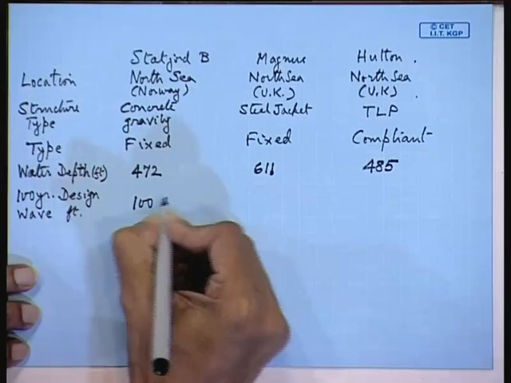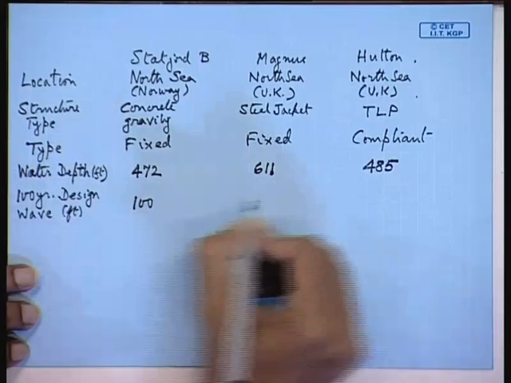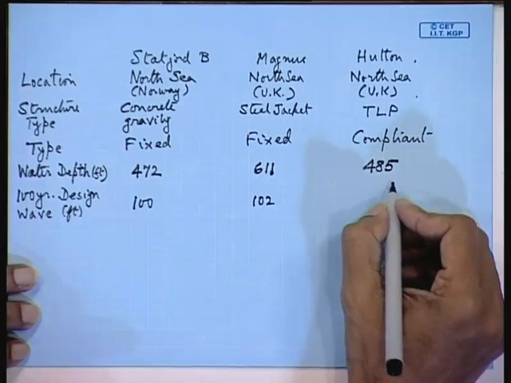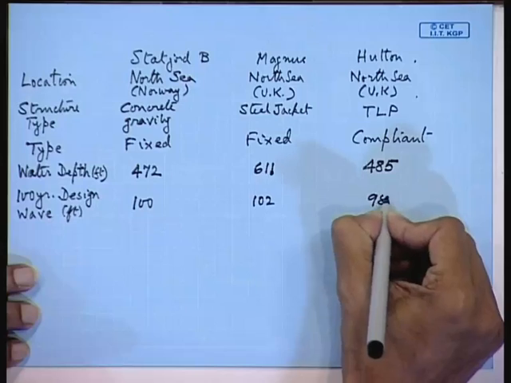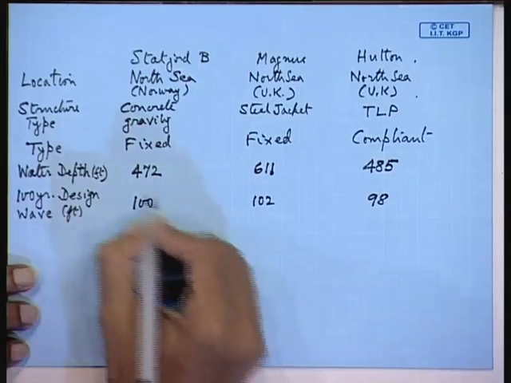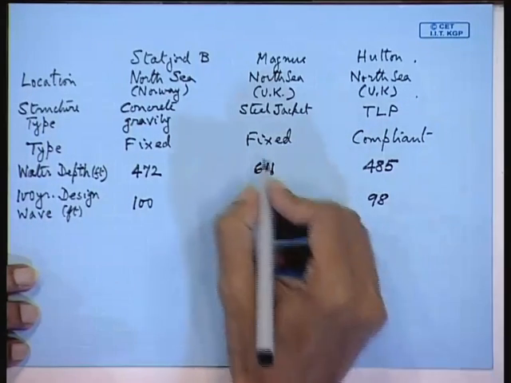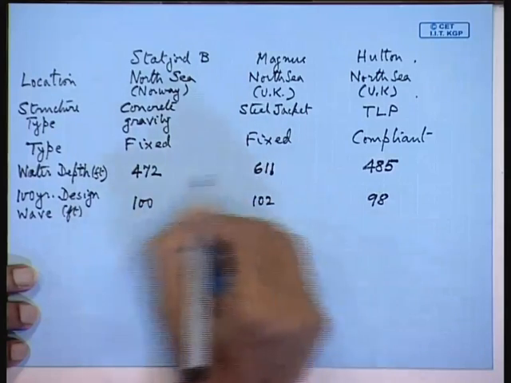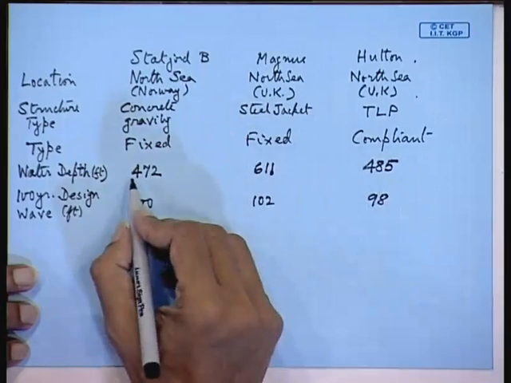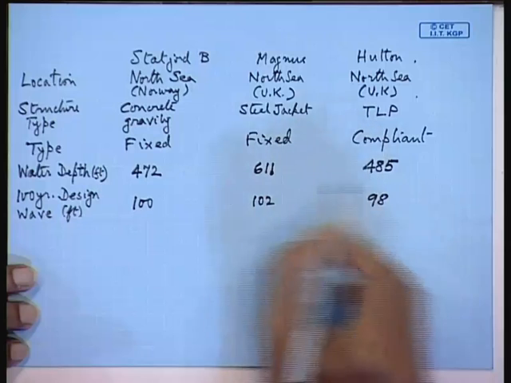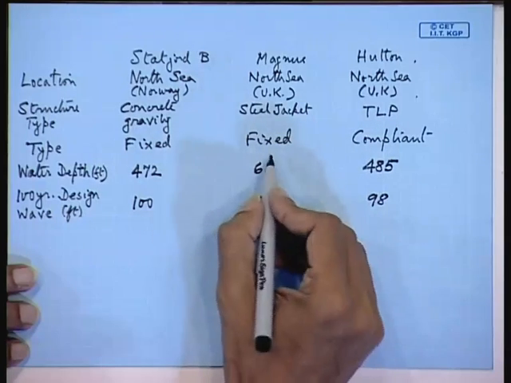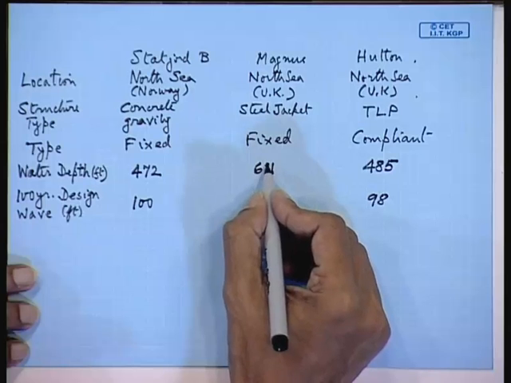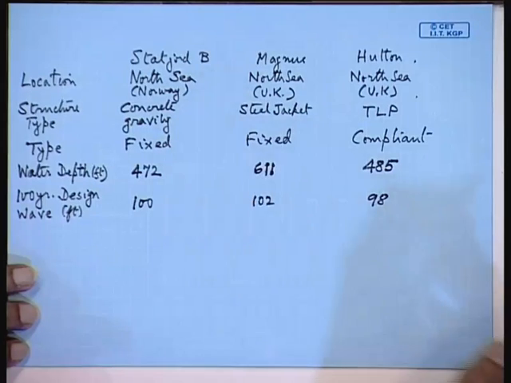Here this is 100 feet, this is 102, this is 98. So environmental load is more or less the same, but you can see that the three different structures have been designed for 472 feet, 485, 611. But 611, that is the UK, the British have gone for a jacket type of platform.